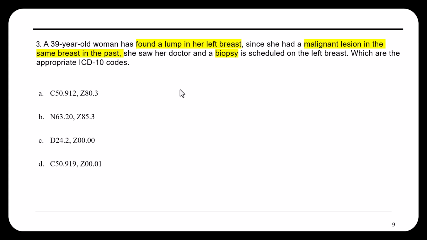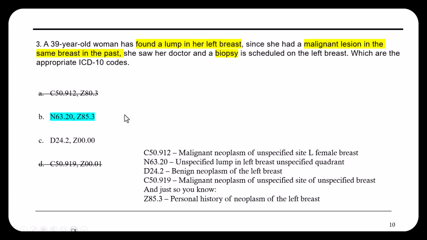So what is N63.20? N63.20 is an unspecified lump in left breast, unspecified quadrant. And your Z85.3 is your personal history of neoplasm of the left breast. Personal history, not family.